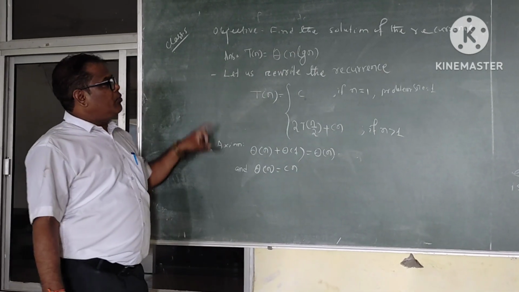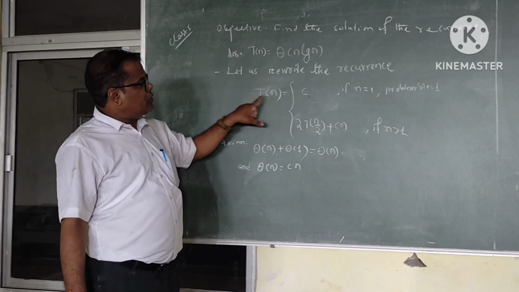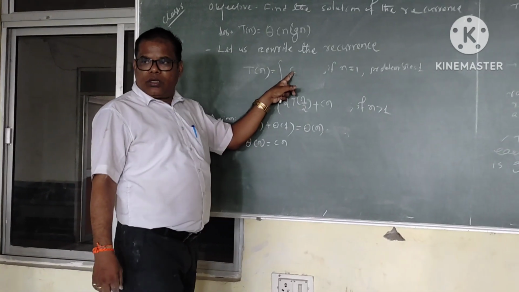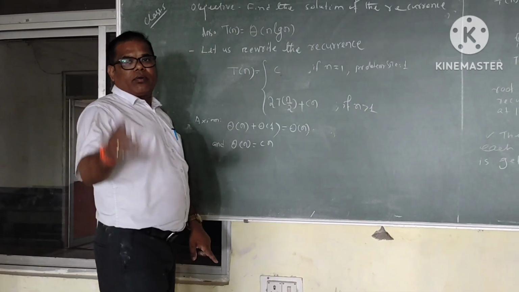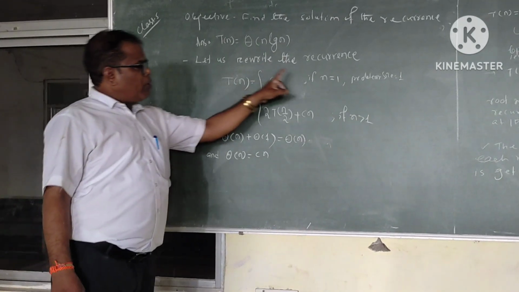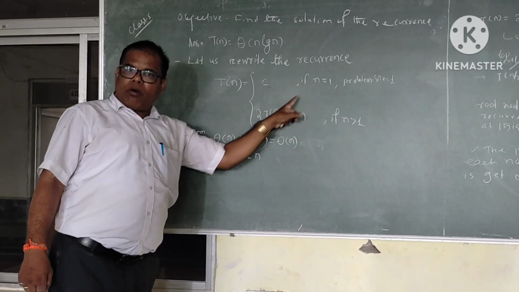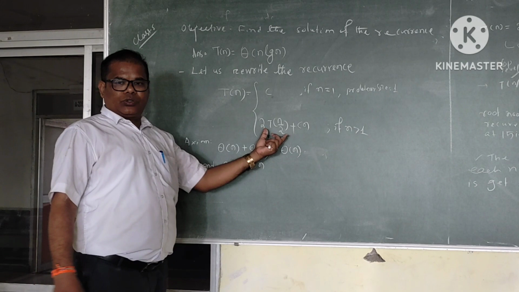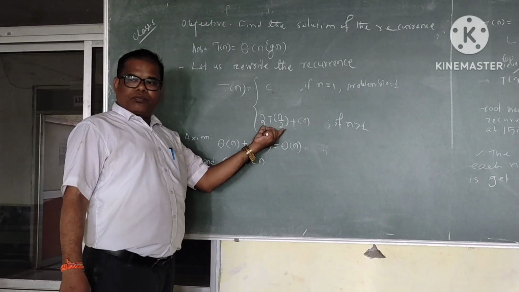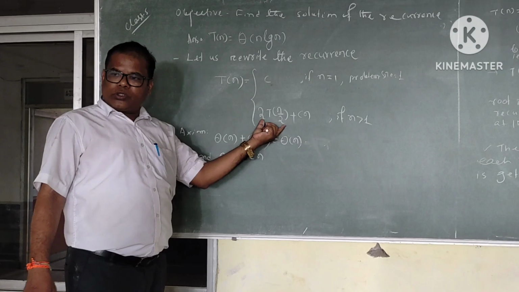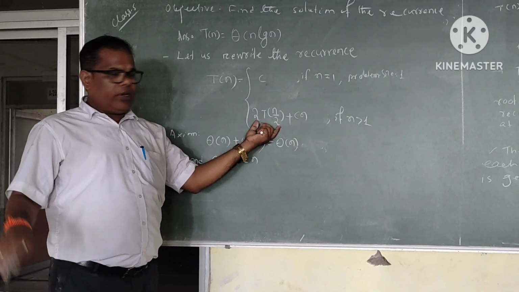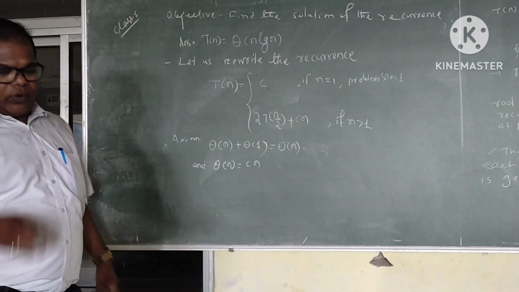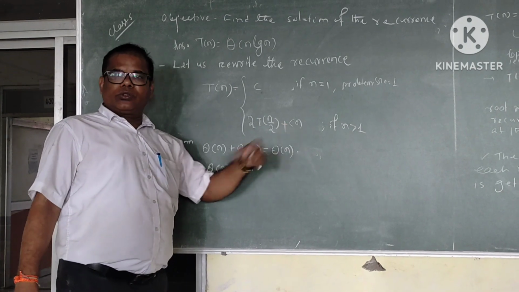For that, we have to rewrite the recurrence equation in this form. The running time T of n will be equal to c if the problem size is equal to 1. Second, if the problem size is greater than 1, the problem is divided, conquered and combined in this approach. This is the time to find the solutions of the 2 sub-problems recursively, and this is the time required for both the divide and combine steps.